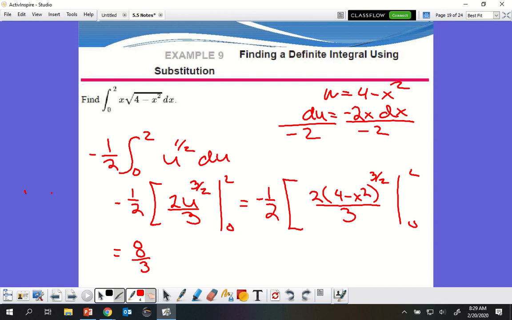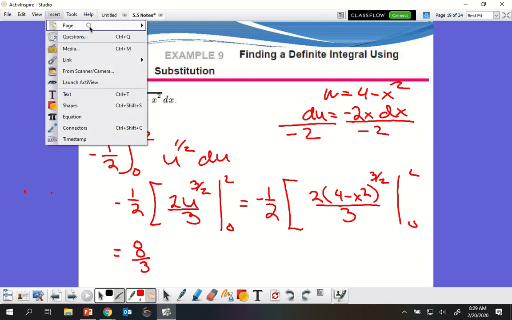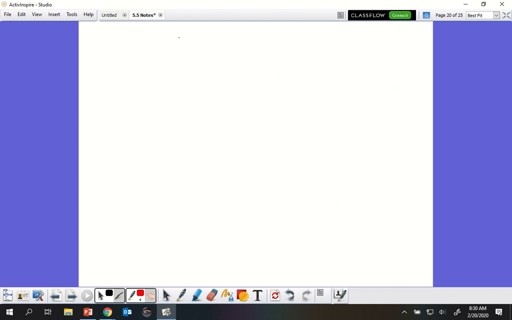Okay, so now I'm going to do the same problem. I'm not going to do all my substitution. I'm going to start right here, on a new page, because there are two ways of doing this. So what do we have?